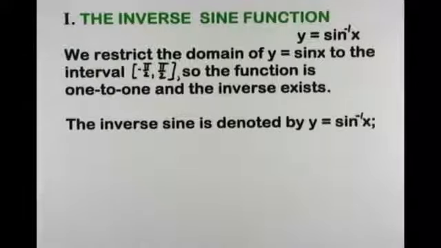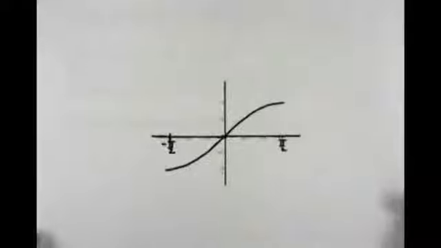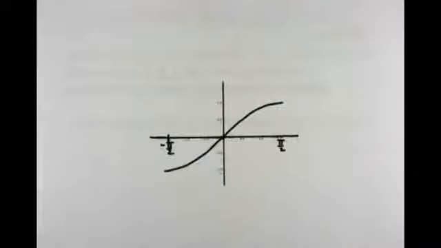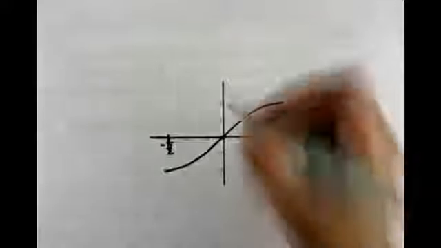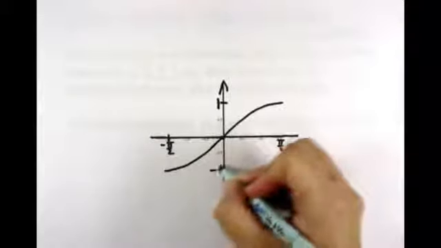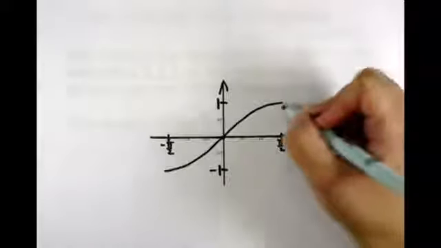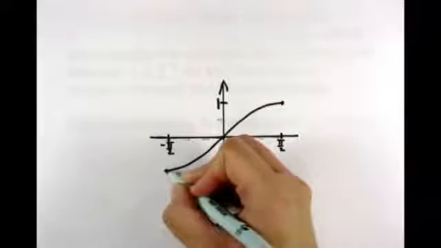Okay, now we would like to graph this function. So consider the part of sine x. Here is the value 1. Here is the value minus 1. Okay, and we only consider from minus pi over 2 to pi over 2.